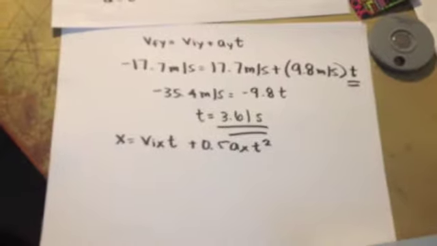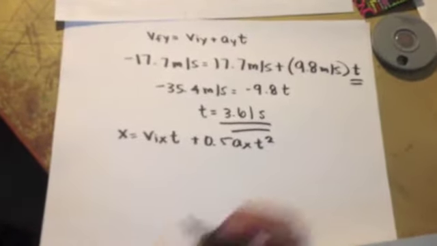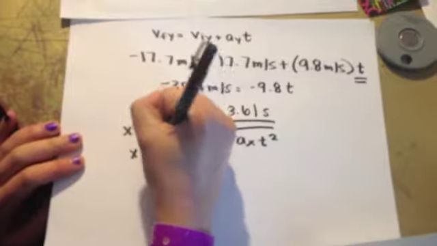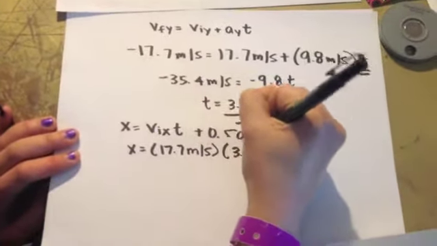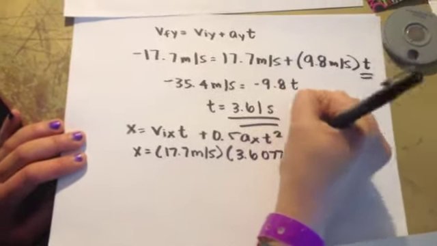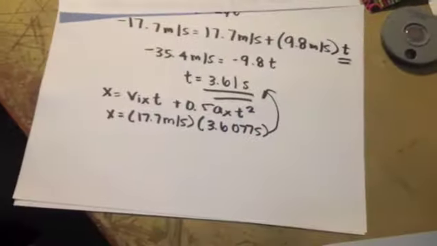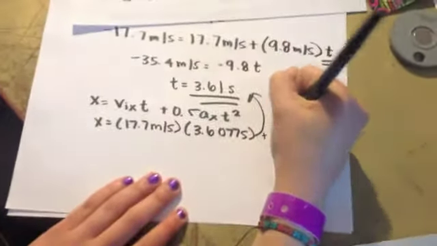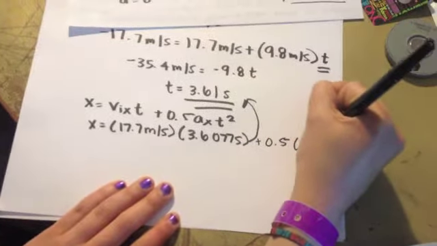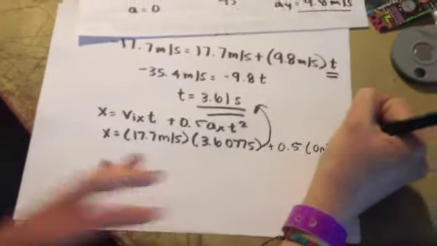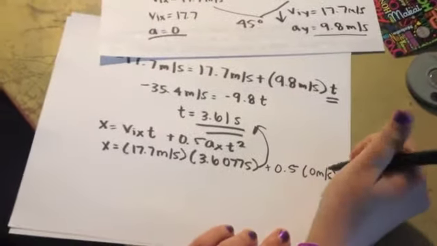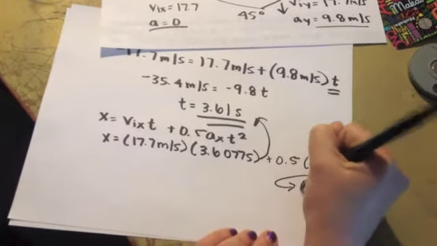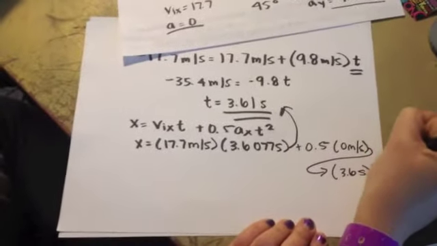By substitution of known values, x equals 17.7 meters per second times 3.6077 seconds, rounded, plus 0.5 times 0 meters per second squared, because there's no acceleration in the x direction, times 3.6 seconds squared.